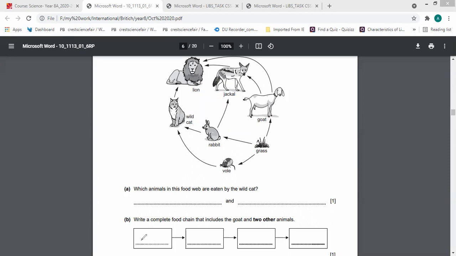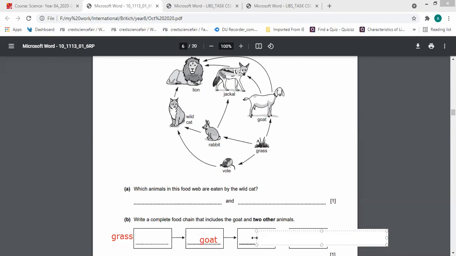So first I will write grass, the producer, and the next one is the goat, primary consumer.